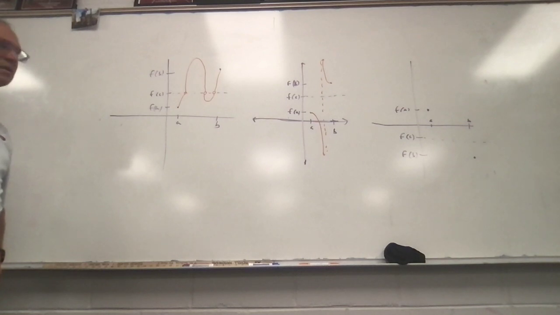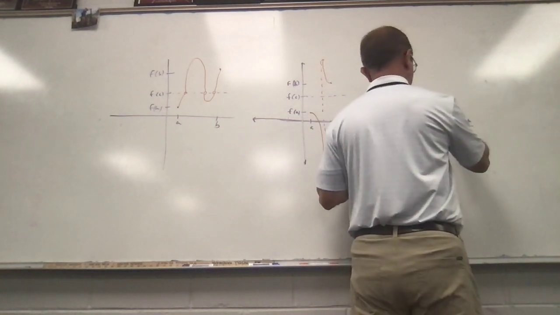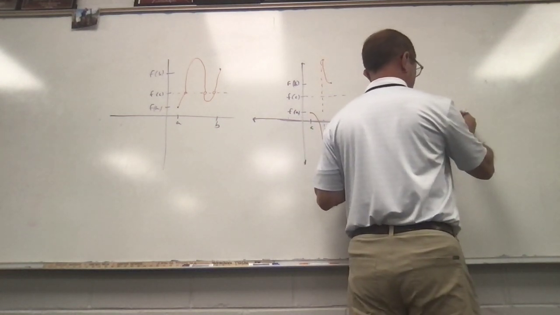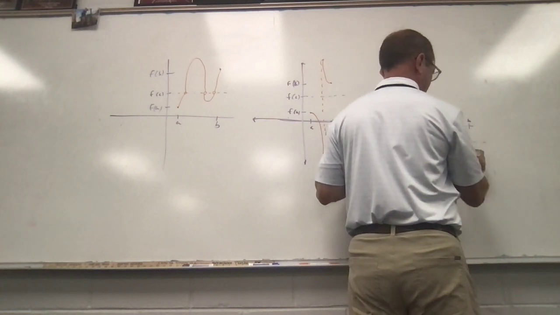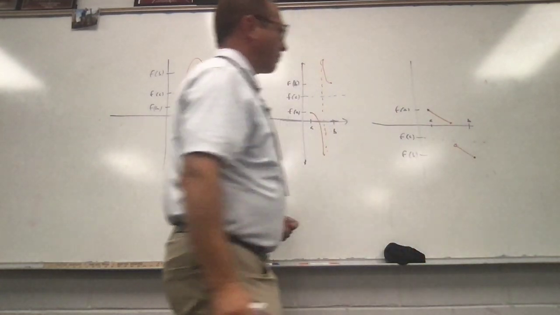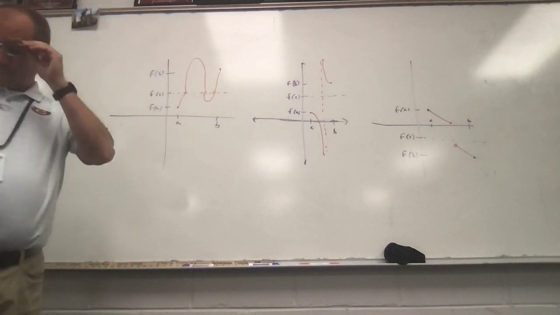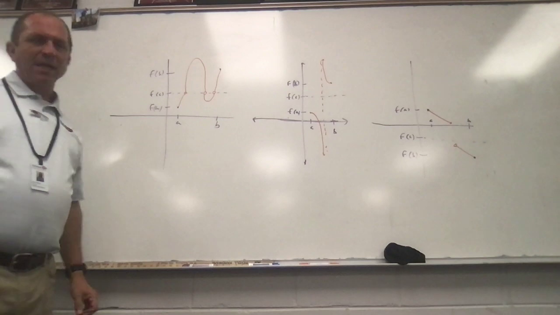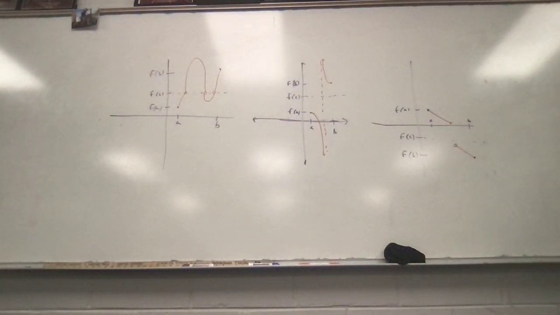Could you do where it's like a jump one? A jump, okay, so I could go from here to, I don't know, let's say here, and then come down and be here to here. And that would be going from f of a to f of b without crossing f of c. So, based on those three things, they have one thing in common, and you mentioned it right from the beginning.